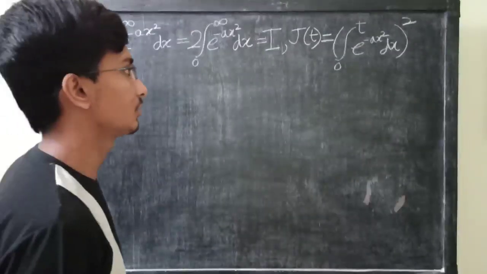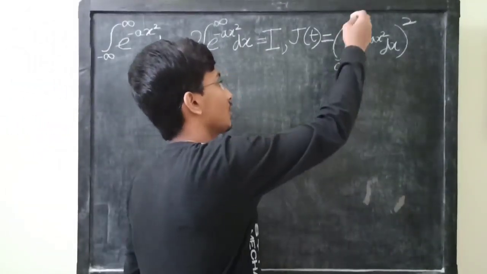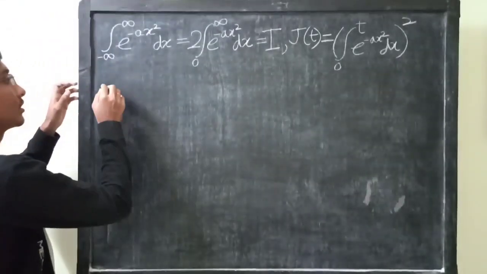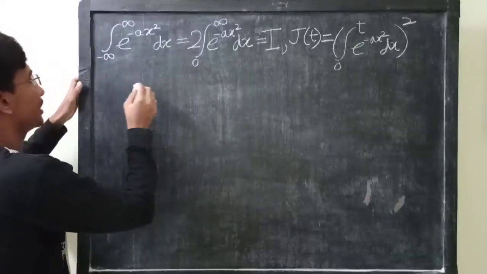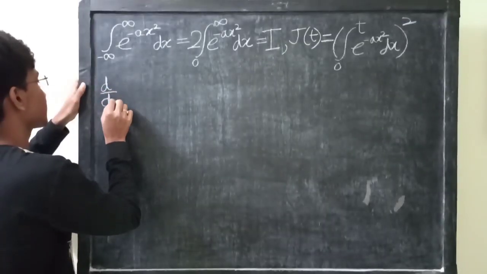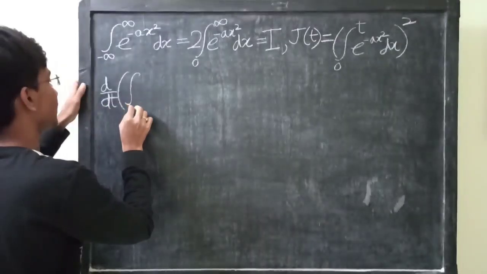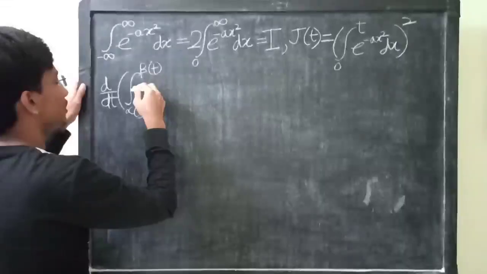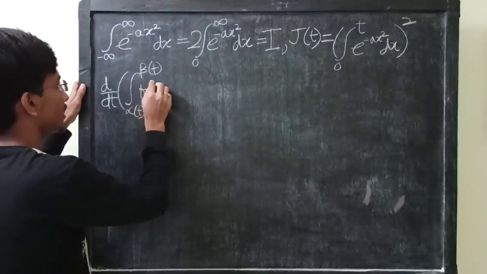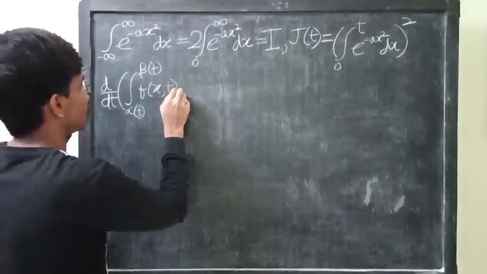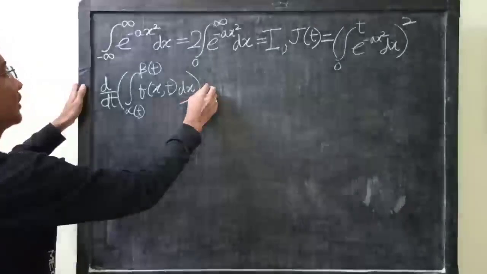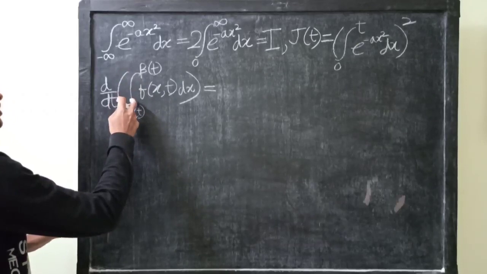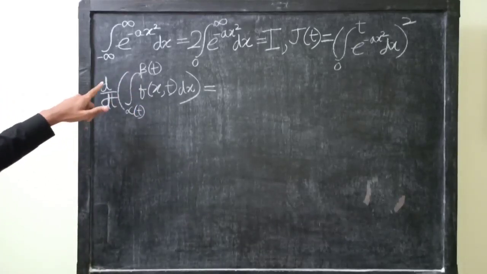For that we will be needing the full Leibniz rule because the limits are not independent of t. So I am writing the Leibniz theorem here for those who do not know what it is. The Leibniz theorem says that when we differentiate with respect to t an integral running from alpha of t to beta of t, that is two functions of t, and the inside function is a function of both x and t, times dx, this equals, the first term is just interchanging the integral with the differential sign and converting it into a partial derivative.